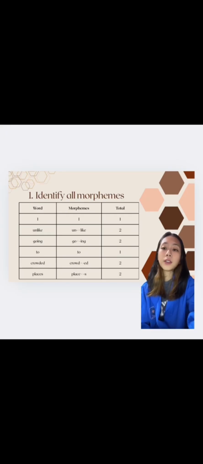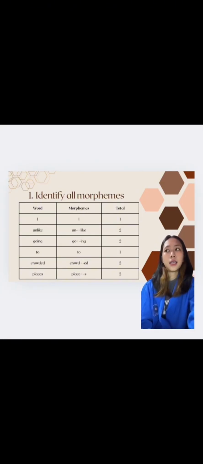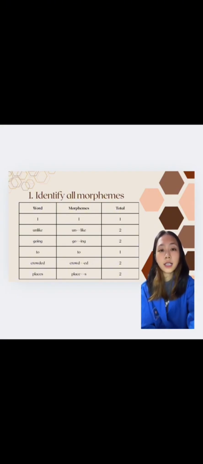Some are free morphemes like I, go, friend, and place, while others are bound morphemes such as un, in, ed, and s. You can see examples in this table.